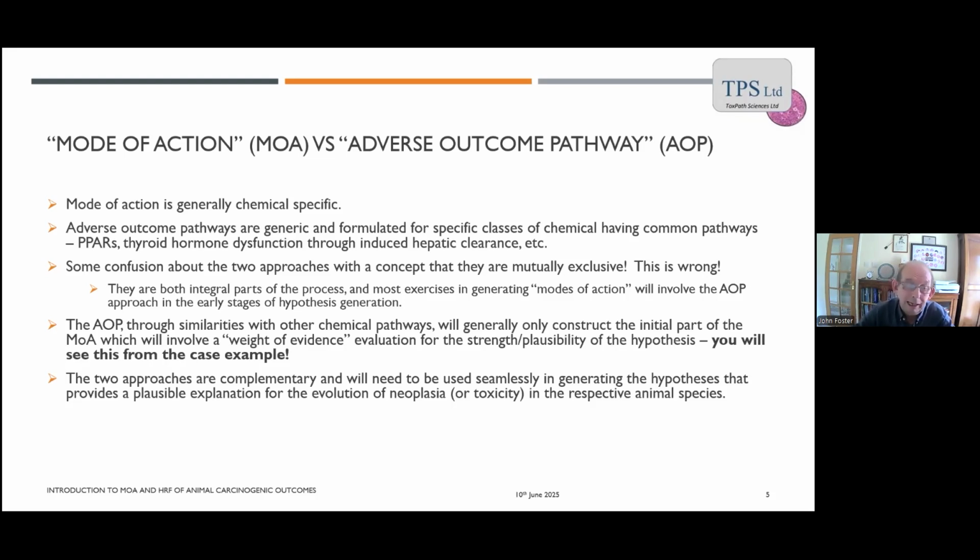And you'll see this from the case example that I will show you. So AOPs and mode of action are complementary, and you will need to use both seamlessly. And you will see that much of what I will show you for the mode of action follows exactly what you'd expect to see if you were looking at an AOP.